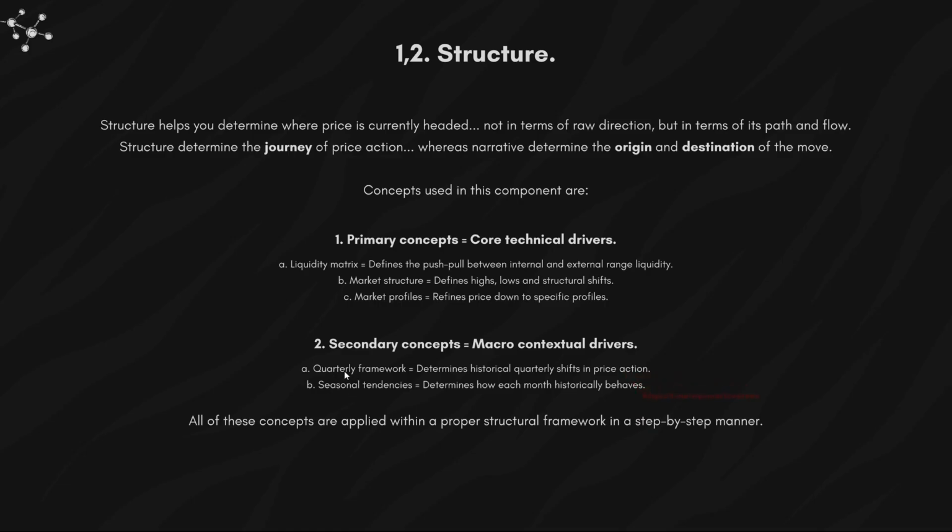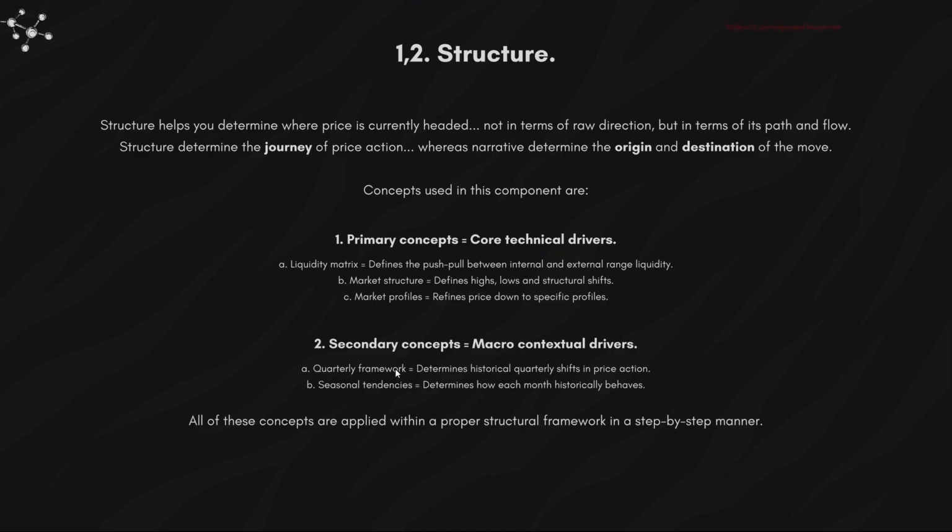Now the quarterly framework is basically looking at price and asking yourself what was the predominant direction of price in the past 3 to 4 months, and then based on that idea we can build a macro directional context or a macro directional idea.